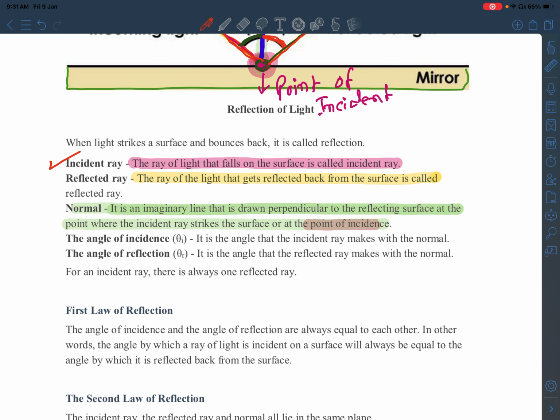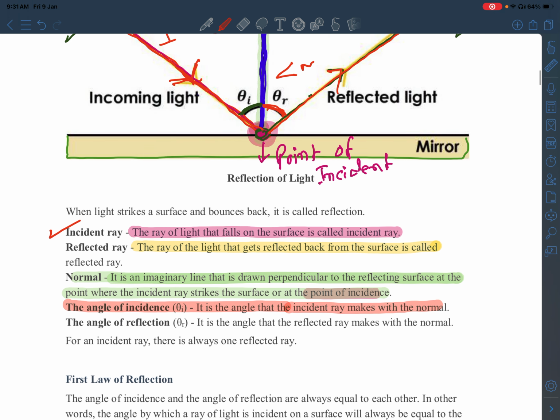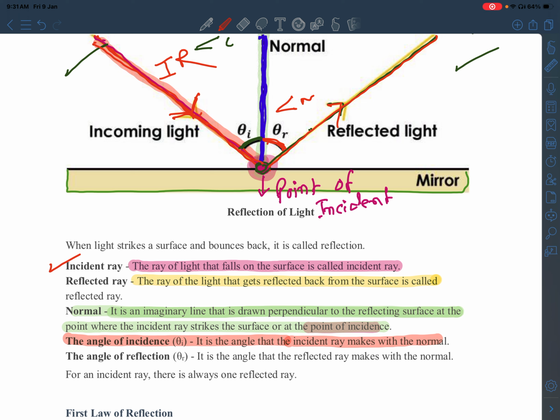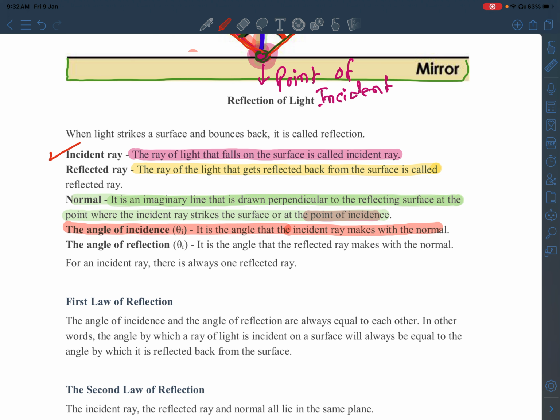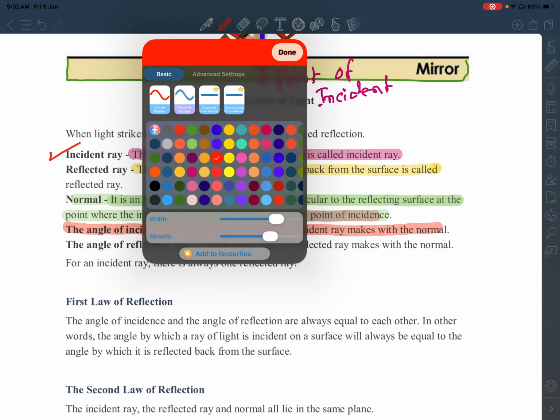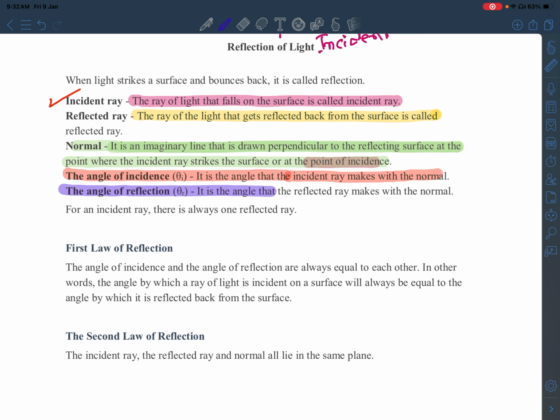Now we have other information related to the reflection of light. Angle of incidence: the incident ray forms an angle with the normal, and that is called the angle of incidence. Next, angle of reflection: it is the angle that the reflected ray makes with the normal.